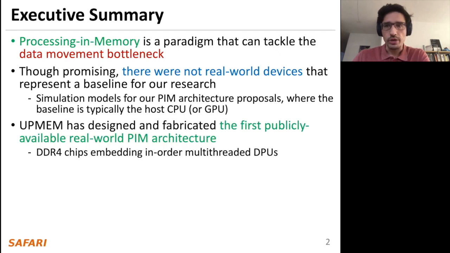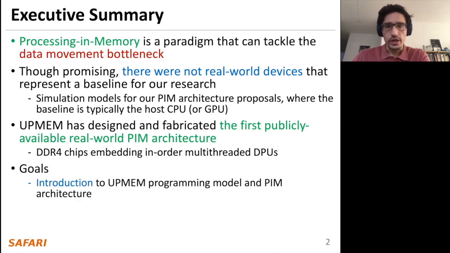UPMEM is a French company that has designed and fabricated the first publicly available real-world processing in memory architecture. As you will see in this presentation, it is composed of DDR4 chips that embed multi-threaded cores, called DRAM processing units or DPUs.